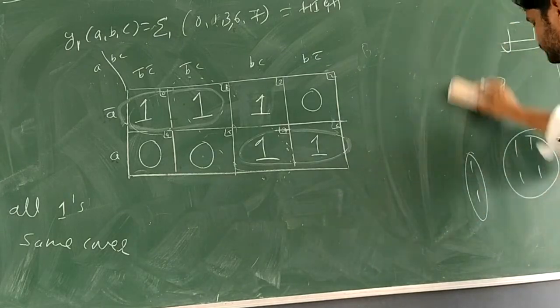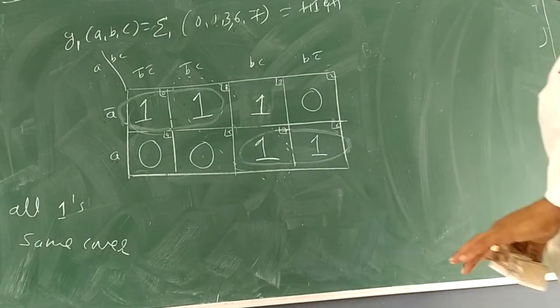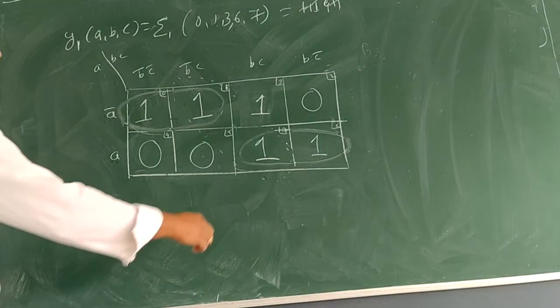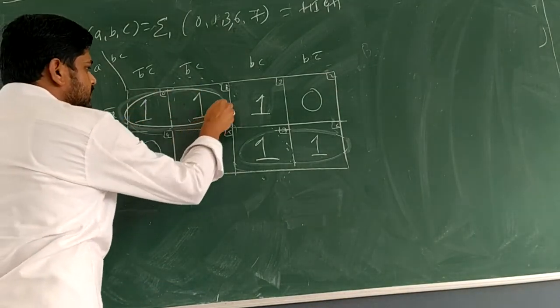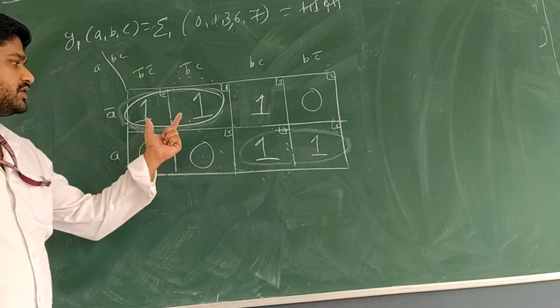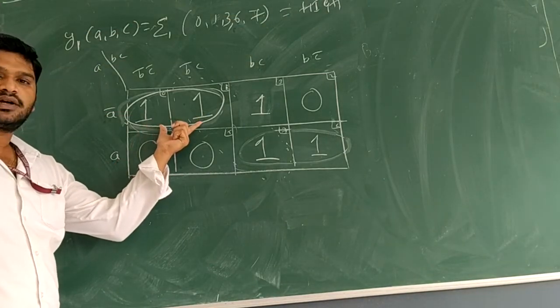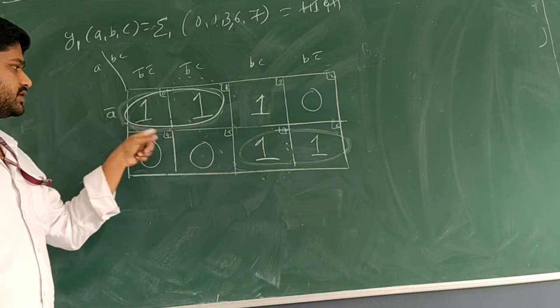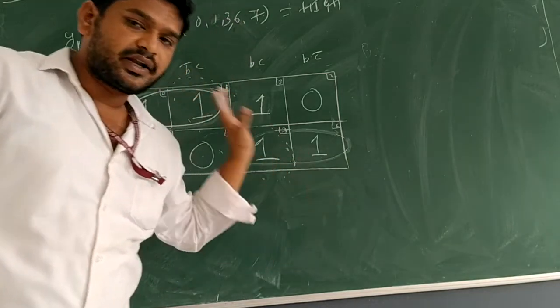Okay, now you see first option. Option number 1 means cover number 1. As usual, cell 0th at first. See, make a practice. After writing one cover, immediately write a function or term. Don't write covers all, then start writing the function.